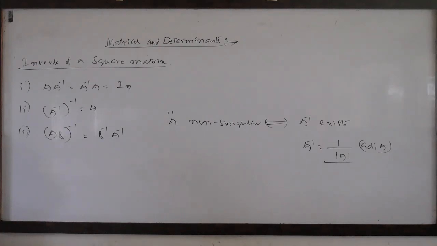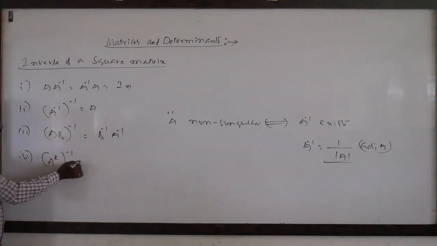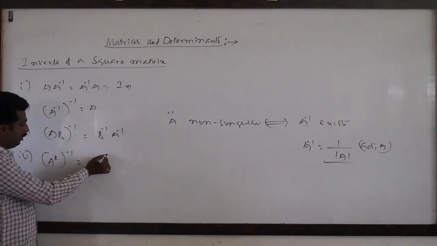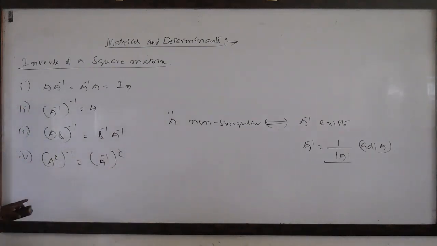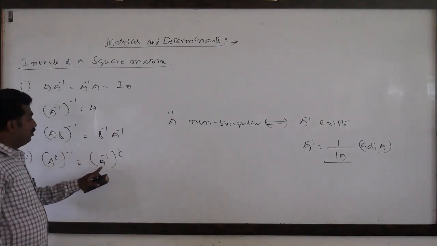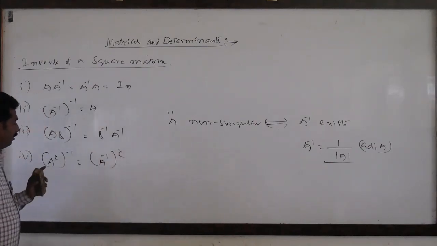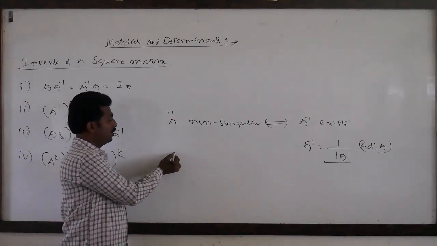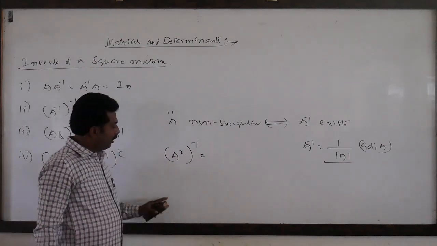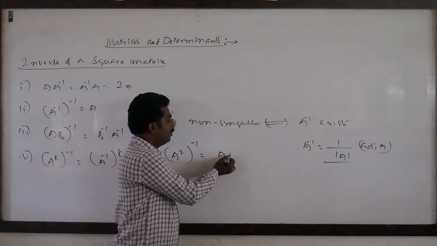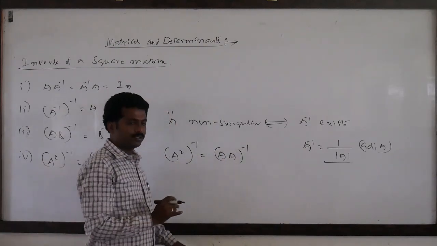A power K whole inverse equals A inverse whole power K; we have to prove this. You observe, just take A square whole inverse. A square means A into A whole inverse.